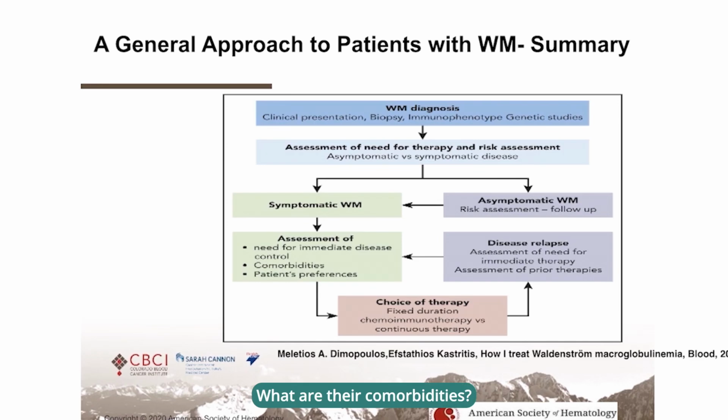What are their comorbidities? Do they have heart failure or diabetes or hypertension? Or are they healthy and young and vigorous? And also, what's the patient's preference? We talked about that before. Is their preference to be treated more aggressively, less aggressively, fixed duration therapy of a few months, continuous therapy for a much longer period of time? And then we pick a therapy based on that for our patient.